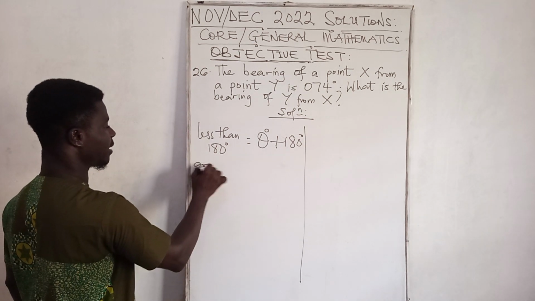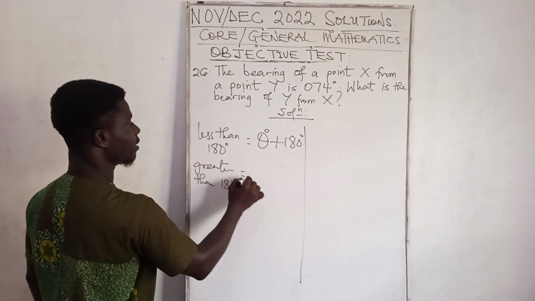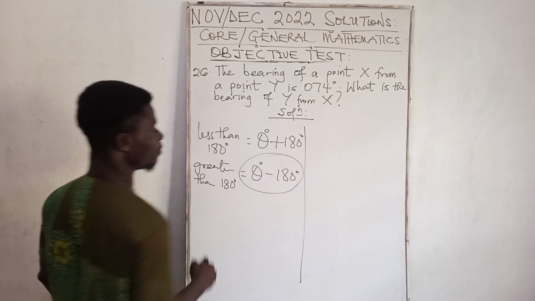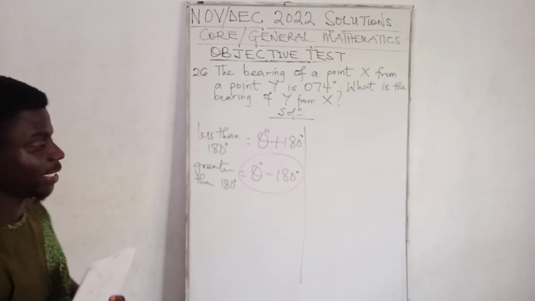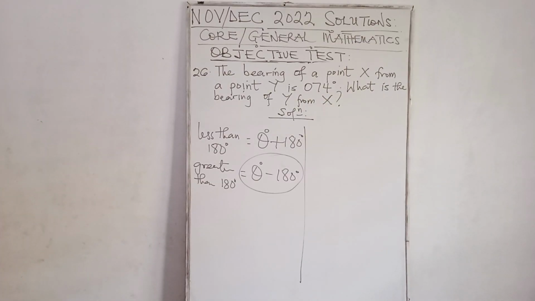But if it is greater than 180 degrees, then it will be theta minus 180 degrees, which means we subtract 180 degrees from theta, the bearing given inside the question.